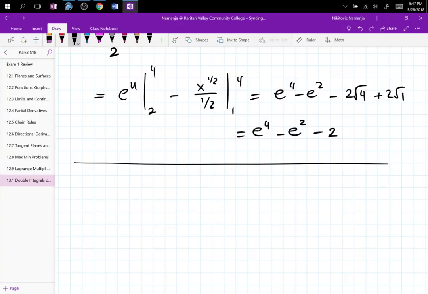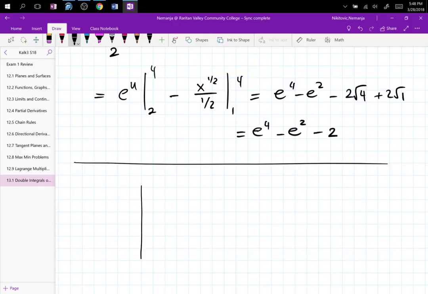So we have some kind of rectangular domain in our xy plane, and off of those bounds we have the walls that go straight up, and then the top of the object would be whatever kind of wavy surface, which is governed by the function z equals f of xy.